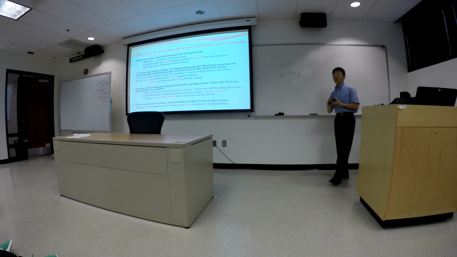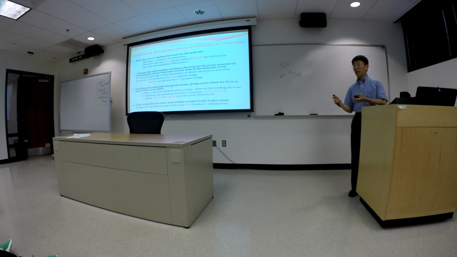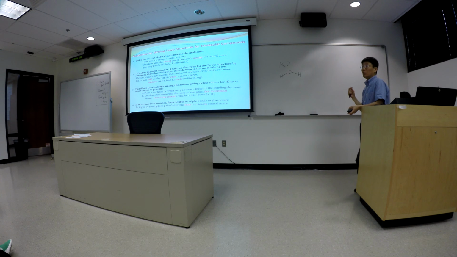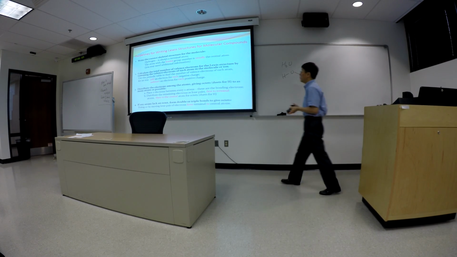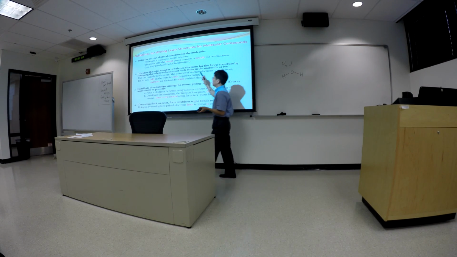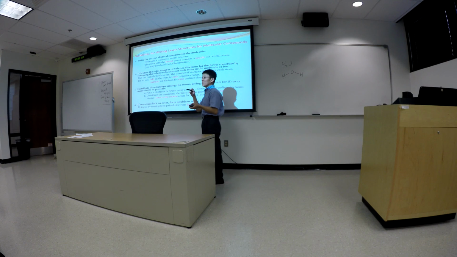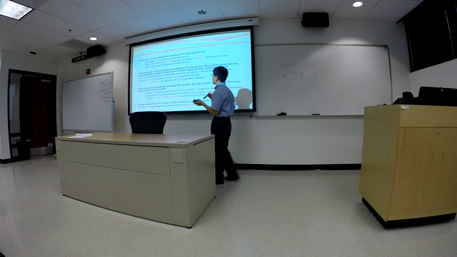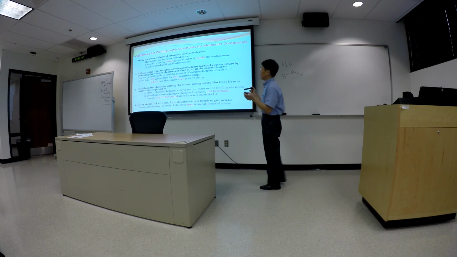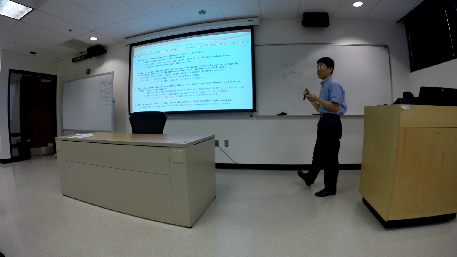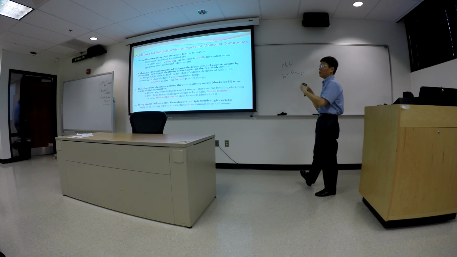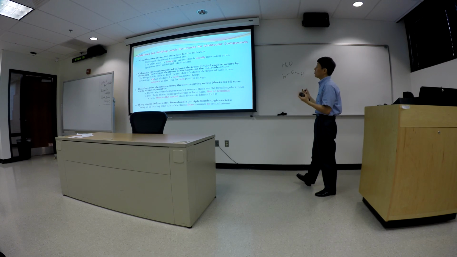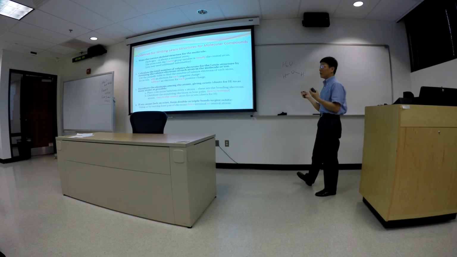Now, how do you determine, if it's other than hydrogen atoms involved, which one is the central atom and which one is the terminal atom? Well, generally speaking, the atom with the lowest group number would be your central atom. The atoms with higher group numbers would be your terminal atoms.